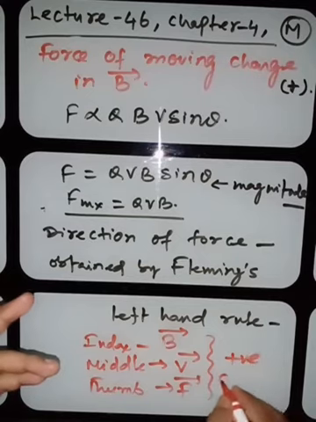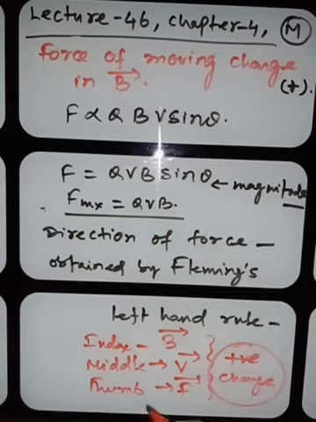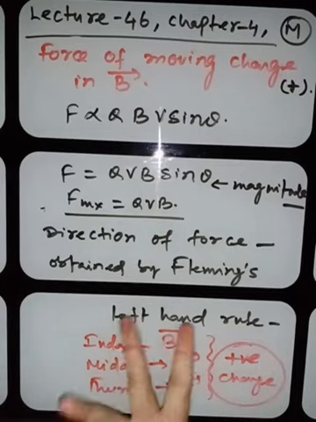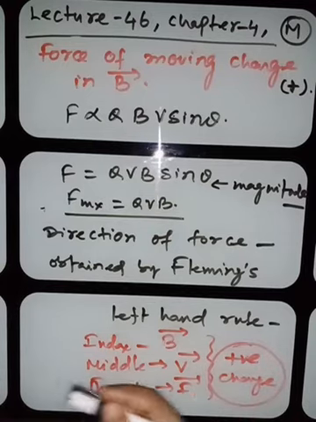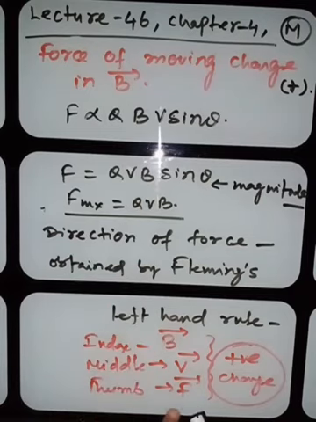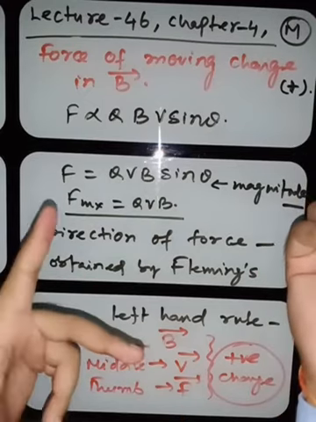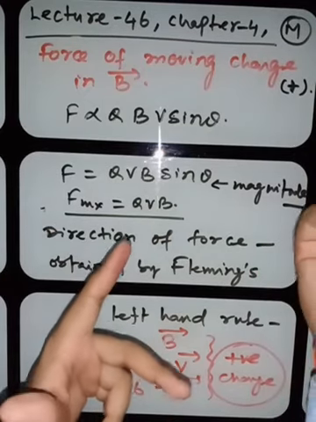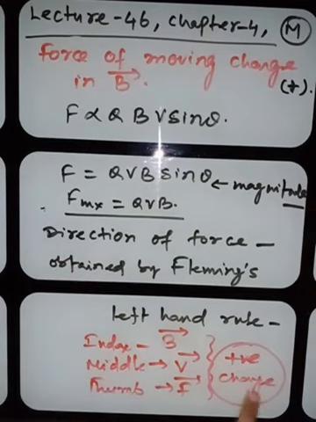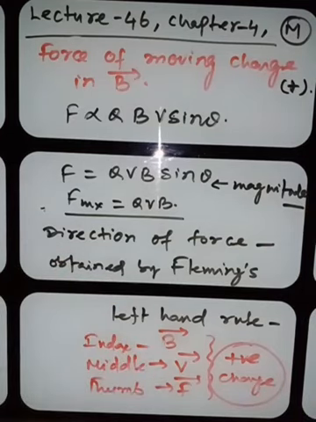This is very important, my dear student. What will be the direction for negative charge, sir? For negative charge, you just have to reverse this direction after using the same rule. If the direction of force, that is the direction of thumb, is along the x-axis, then you flip it for the negative, that is along the minus x-axis. Nothing else, nothing more you have to change.